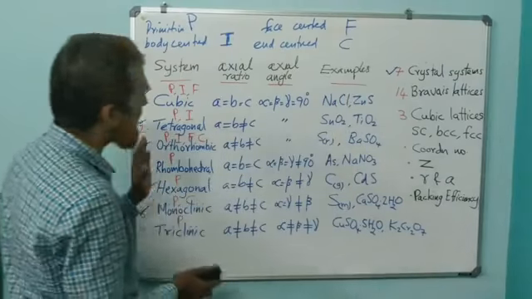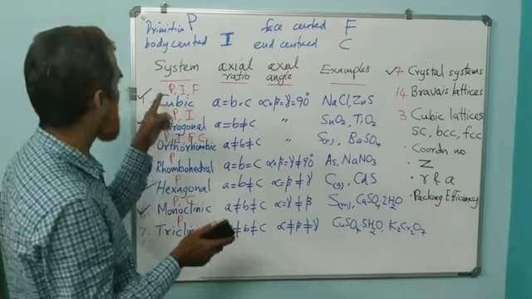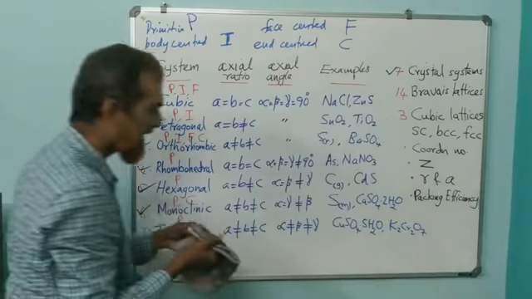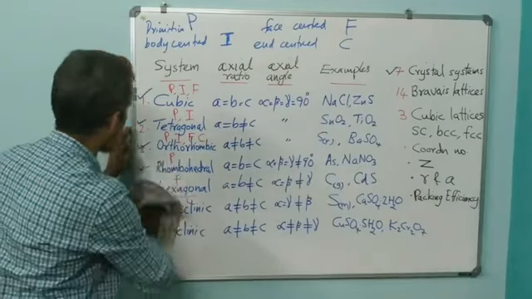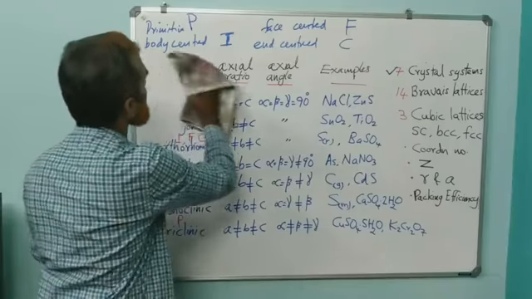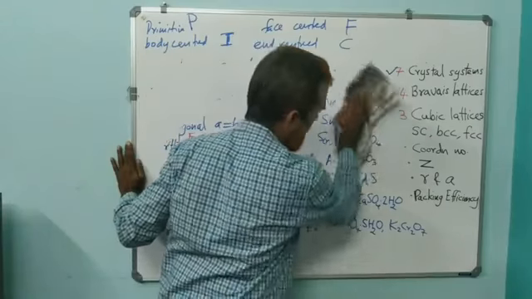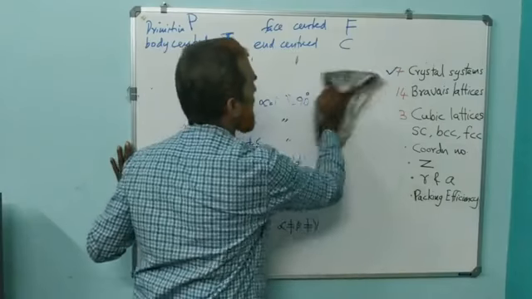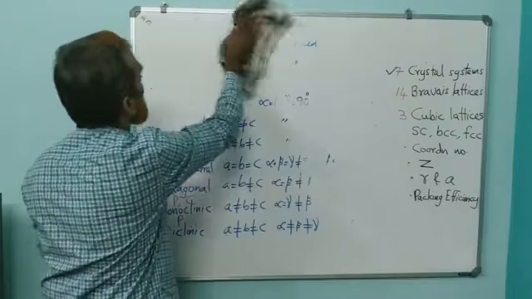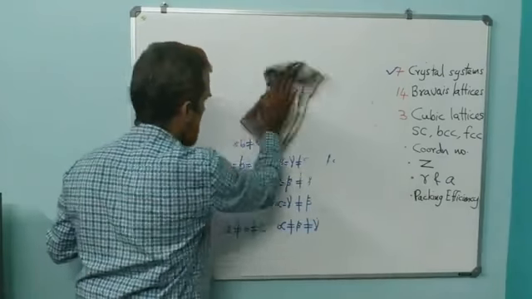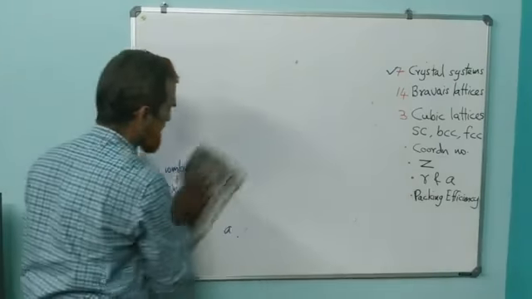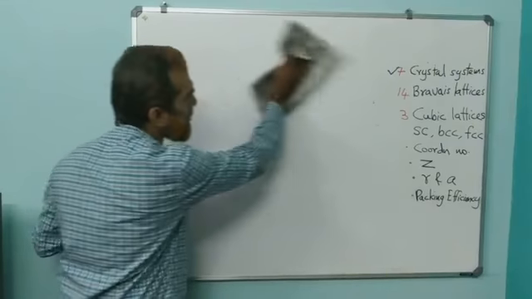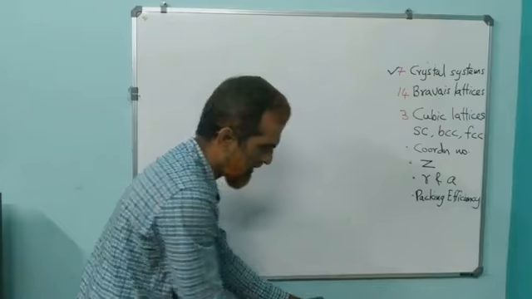Now, our discussion will be more concentrated on the cubic system. That is what we have to learn in detail, the different types of cubic system. There are 3 possible Bravais lattices for the cubic system.